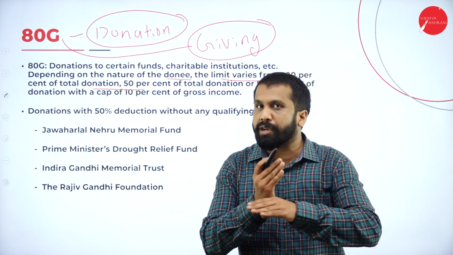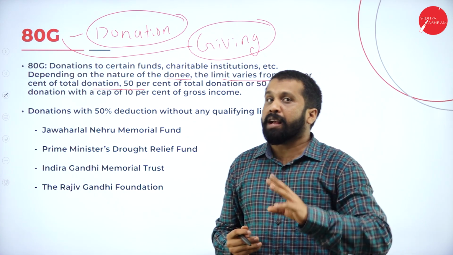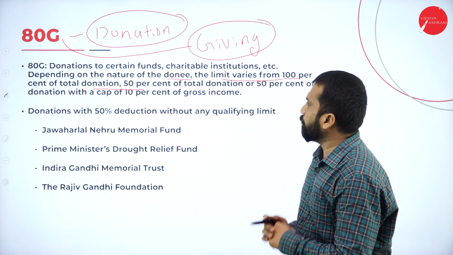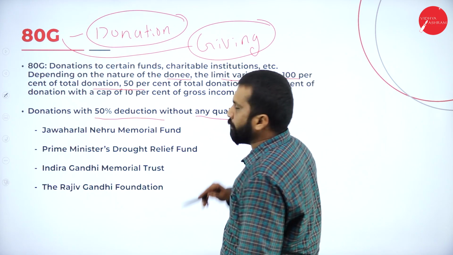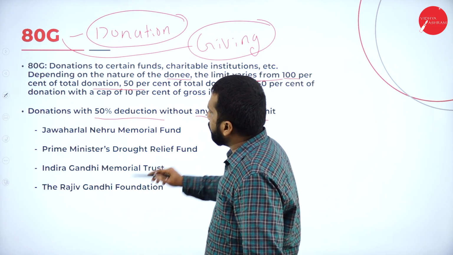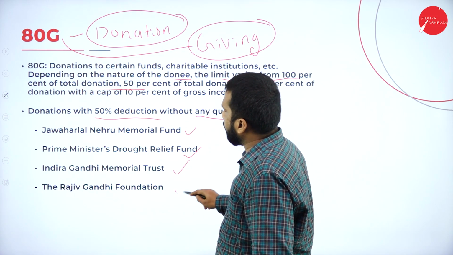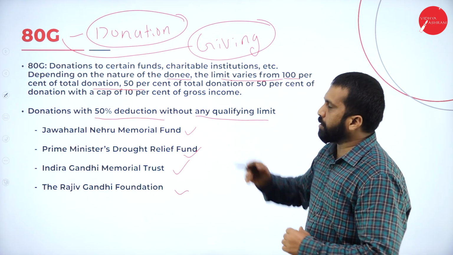According to that chart, you have to bifurcate whether this donation goes for 50 or whether this donation will go for 100%. Now, donation with 50% deduction without any qualifying limit. Like Jawaharlal Nehru, Prime Minister, Indira Gandhi, Rajiv Gandhi. Easy to remember. Why? Because which come under 50%?